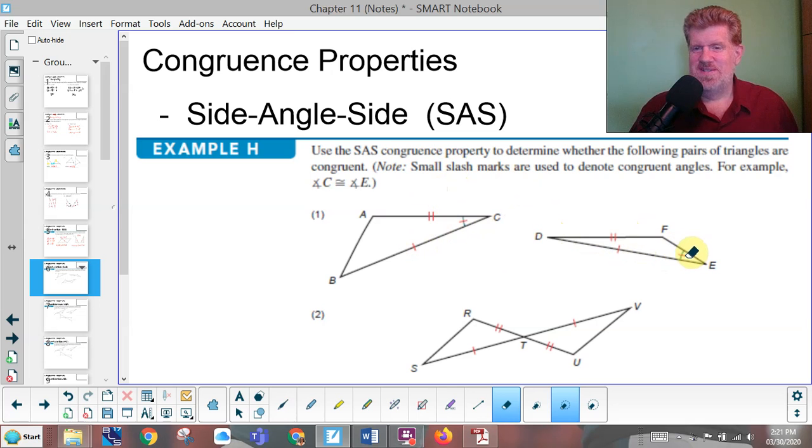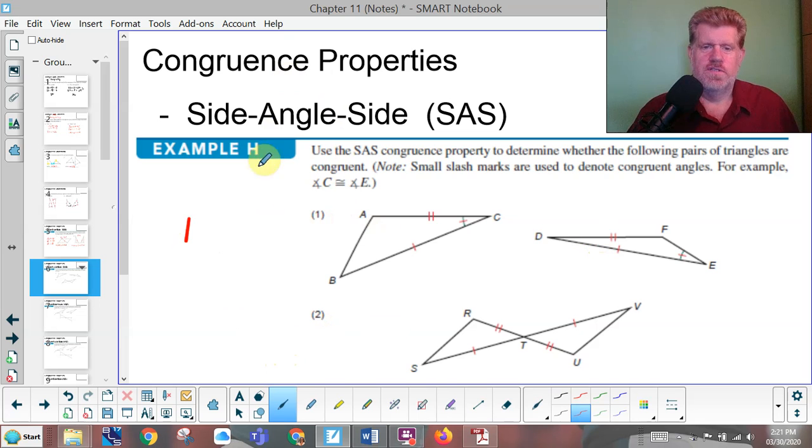But do you notice how this angle is not the angle that connects those two sides? So these are not congruent. At least we don't think that they are congruent. We cannot show that they're congruent. And I think you can see that they're not congruent. So they are not congruent.